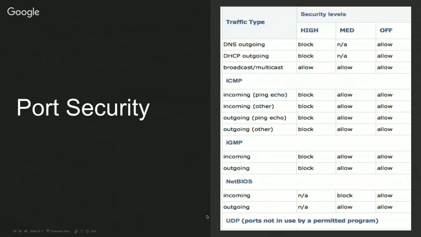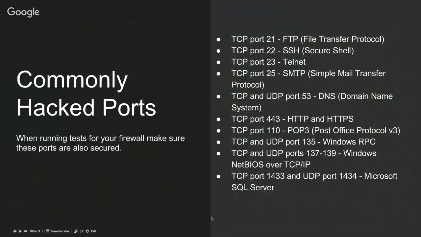If we go to the next slide, it talks about some of the commonly hacked ports. Whenever you're running tests for your firewall, you're going to want to make sure that these ports are secured and that they're only open for the traffic that you want them to be open for.